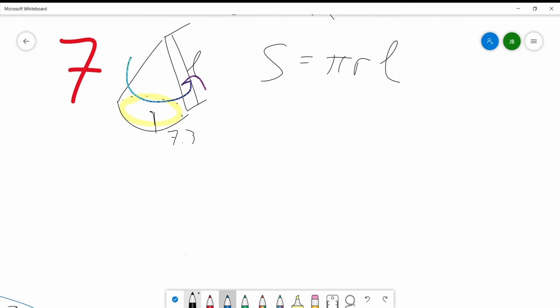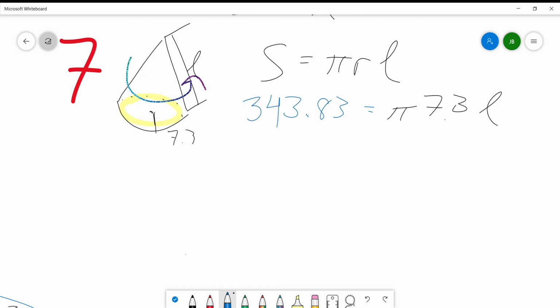So they gave us the surface area of the lateral, 343.83, equals pi times the radius, which is 7.3, times the slant height.